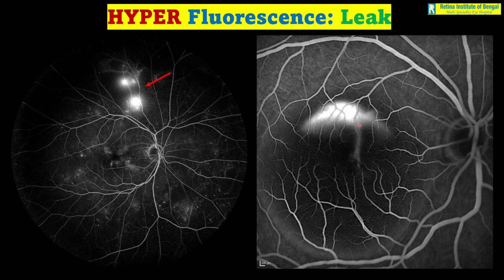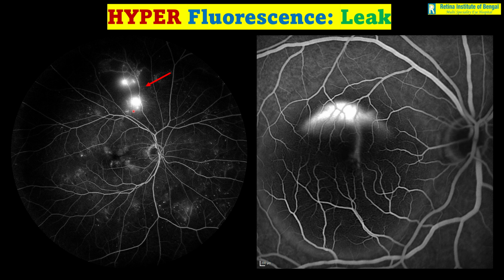Now, how do I understand that this is a leak? If you have an area of hyperfluorescence, that means an intensely white area, which keeps increasing in size. If you look at serial photographs, you will see these white areas becoming more and more enlarged.